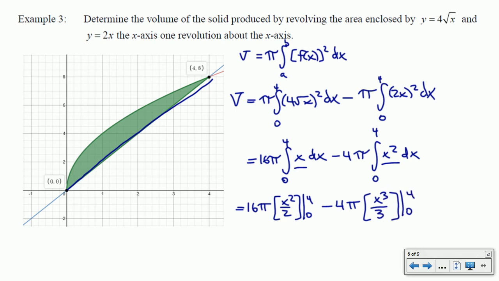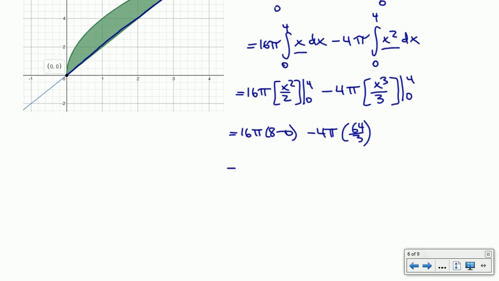So now if I sub in my limits of integration, I have 16 pi, 8 minus 0, minus 4 pi, 64 over 3. This first term goes to 128 pi, and the second term goes to negative 256 pi over 3. I can add these terms together, turn this number into something over 3, and I get a final answer of 128 pi over 3 units cubed.